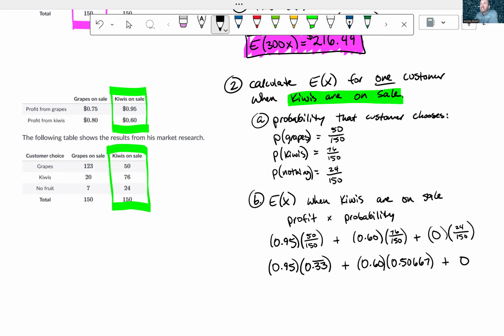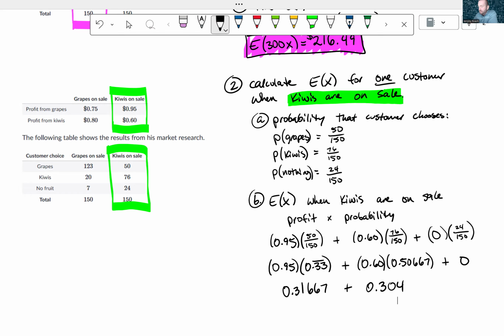Okay, so now this becomes, again, this is the expected value for one person when kiwis are on sale. So now this is 0.31667 plus, and the other, multiply these, is 0.304.